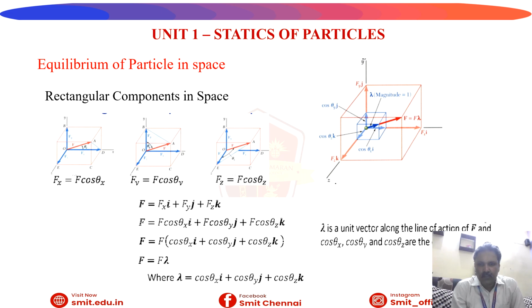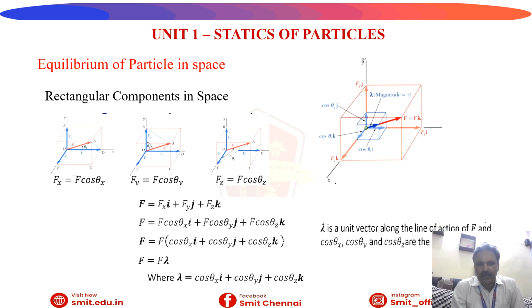For Z, vice versa, Fz equals F cos theta z. Then finally we can write F equal to Fx i plus Fy j plus Fz k. Then Fx we can substitute as F cos theta x, Fy as F cos theta y, Fz as F cos theta z.